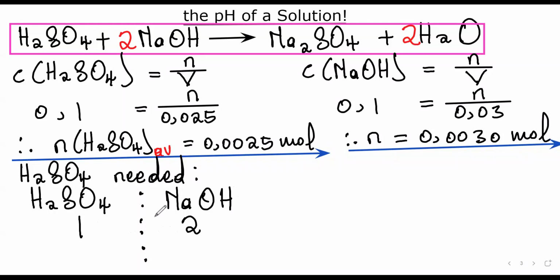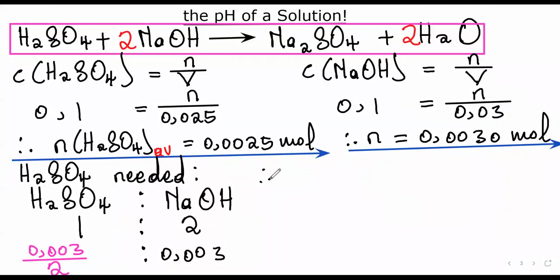So now we want to know, if I have 0.003 moles of sodium hydroxide, then how many moles of the acid do I need? I actually need 0.003 divided by 2, because it's this one divided by that one, multiplied by that one.